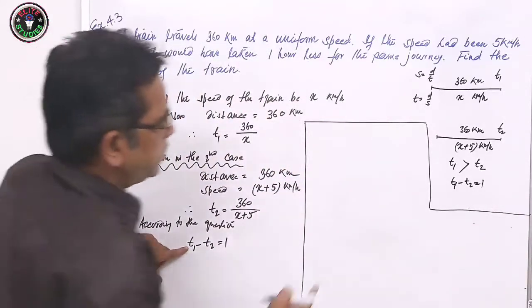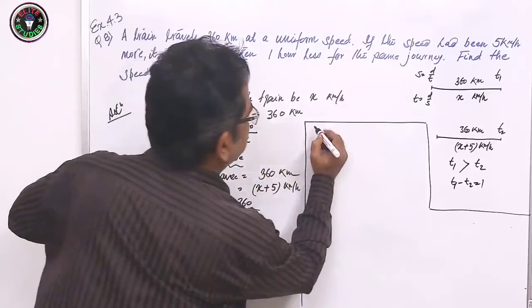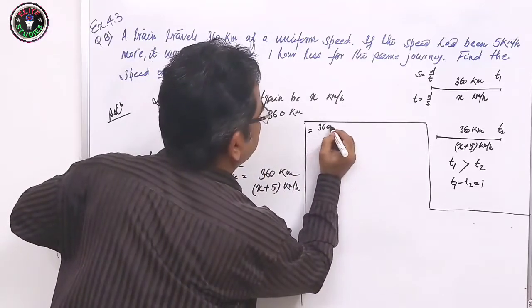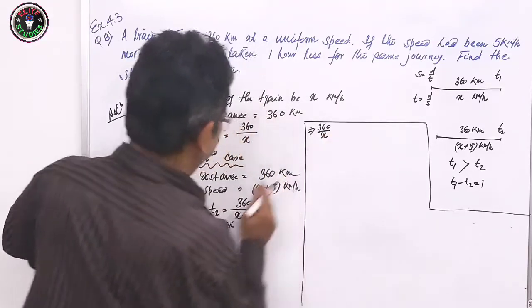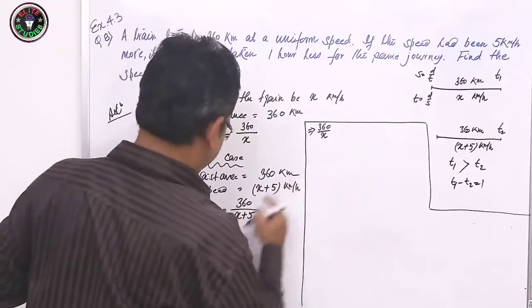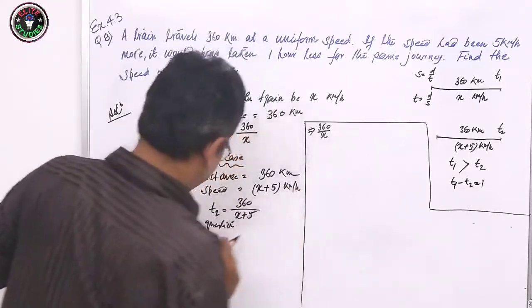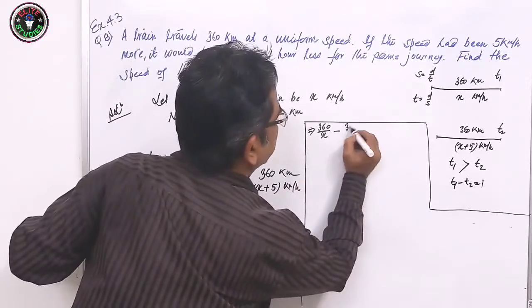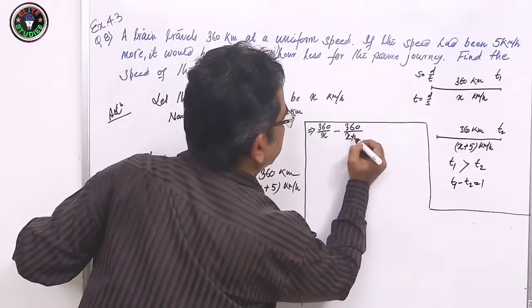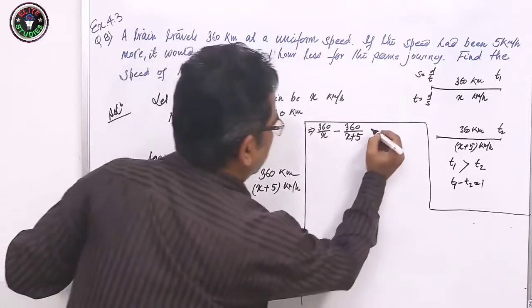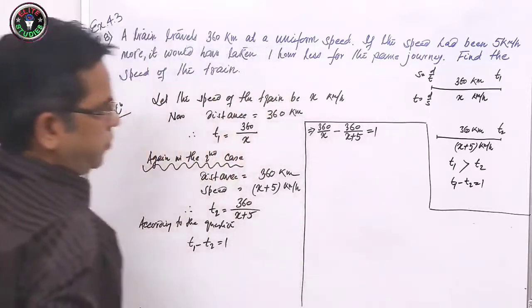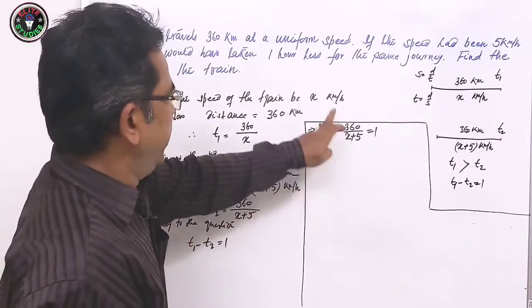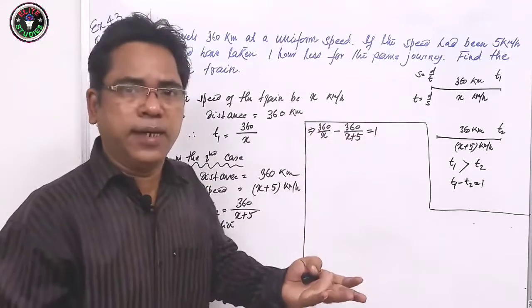What is t1? t1 is 360 by x. And what is t2? t2 is 360 by x plus 5. So 360 by x minus 360 by x plus 5 is equal to 1. Now if you solve it, we will get the value of x and our job is done.